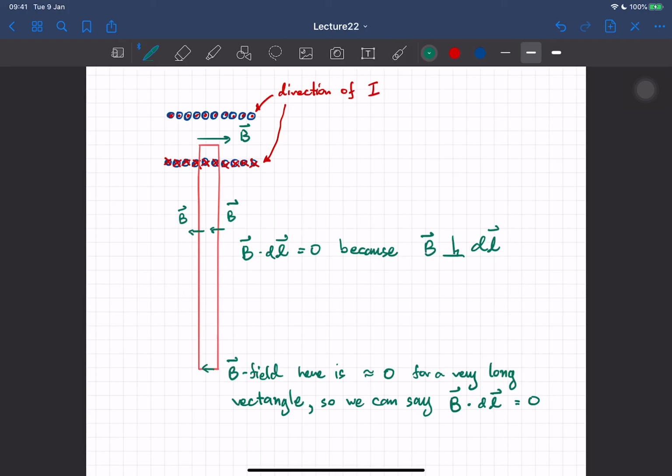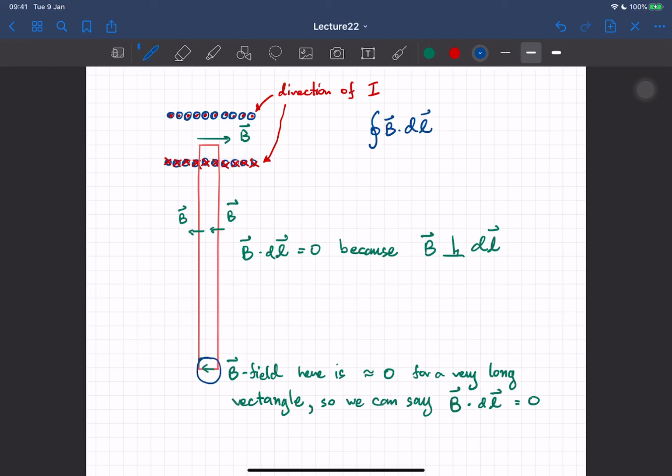Okay, so what I'm trying to do here is calculate the integral of B dot dl along the path that I drew here, a rectangular path. And in order to do that, I need to calculate B dot dl for every section on this loop. And I already argued that three sides of the rectangle give me B dot dl equal to zero.